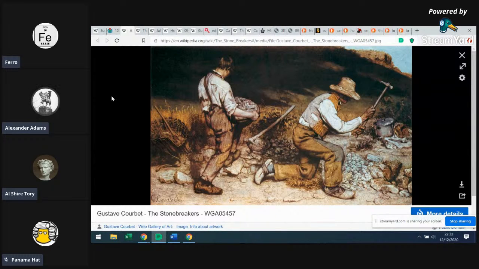He took inspiration from the peasants who worked in his region. This painting was exhibited at the Paris Salon. It was quite an interesting subject, because it depicted not only the poor, but the working poor, in their very humble clothes, doing backbreaking work.